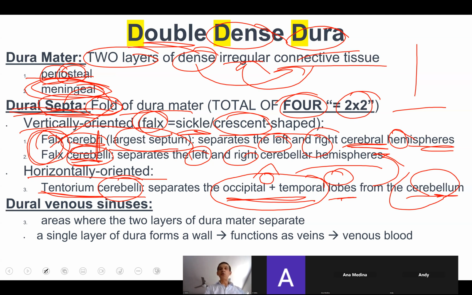and the two lobes that actually are separated from the cerebellum because of this are the occipital and temporal lobes. One more thing that you need to know, the dural septae form dural venous sinuses. So while making these dura, as a byproduct, you form pipe-like structures all around the brain.